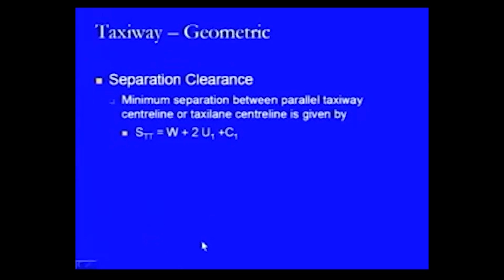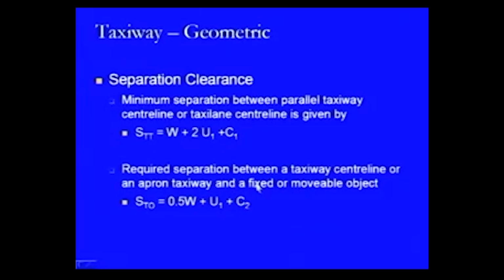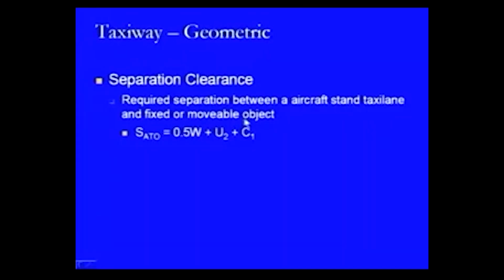The minimum separation between the parallel taxiway center lines is given by this equation: the separation between the taxiways equals W plus 2U1 plus C1, whereas the required separation between a taxiway center line or an apron taxiway and the fixed or movable object is given by, this is T and O, that is object, then it is 0.5 W plus U1 plus C2. And there is another case where we have the separation between an aircraft stand taxi lane and the fixed or movable object.